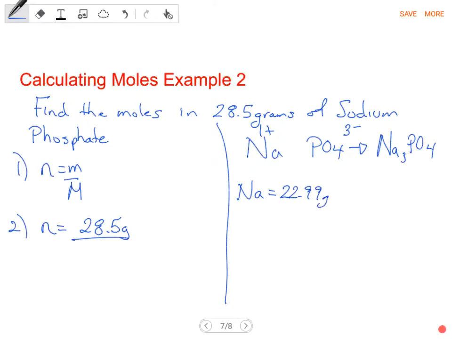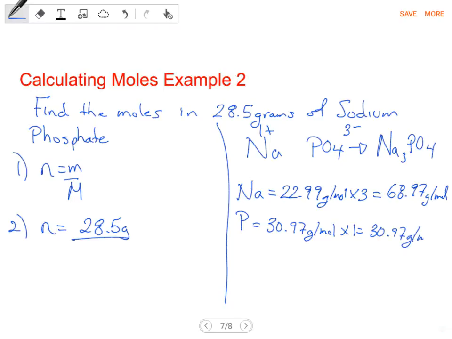So sodium is 22.99 grams per mole times 3. 22.99 times 3 is 68.97 grams per mole. Then we're going to have one phosphorus. Phosphorus is 30.97 grams per mole times 1, so 30.97 grams per mole.